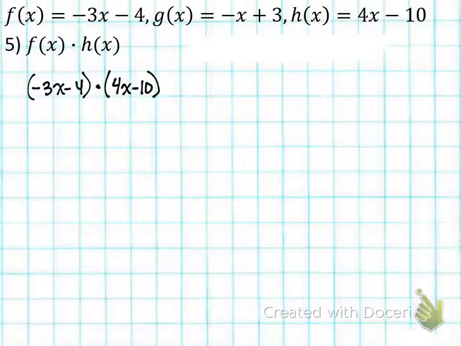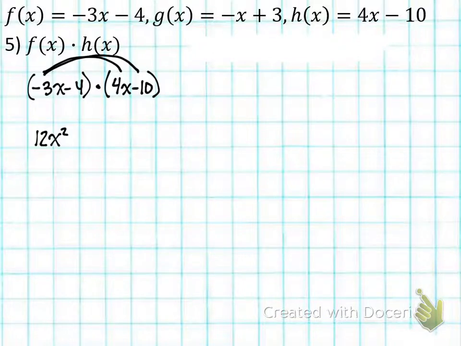Now this is just like what we've been learning, right? Cover the negative 4. Let's pretend the negative 4 didn't exist. What's negative 3x times 4x? Negative 12x squared. Good.